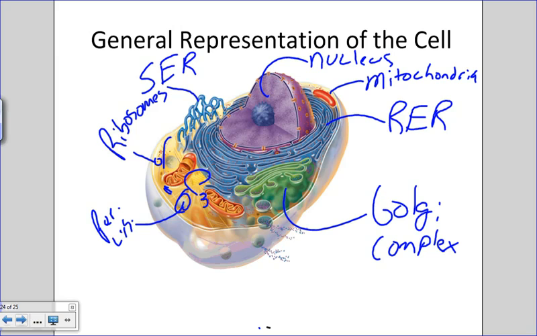All right. So let's talk about all these various parts of the cell and how they work. Now, what's fascinating and interesting about these different organelles is that they're almost like an assembly line. We've been saying this whole time that cells are the functional units of life, the smallest working parts that can give us life.